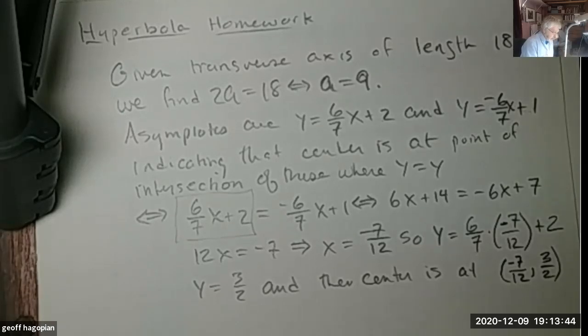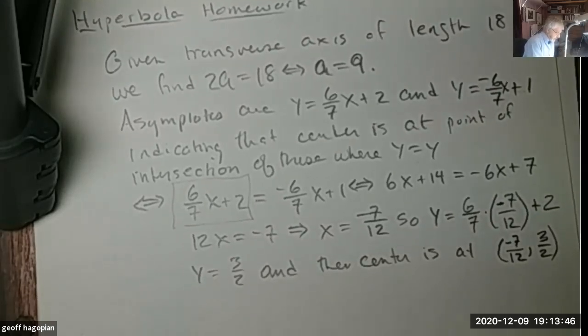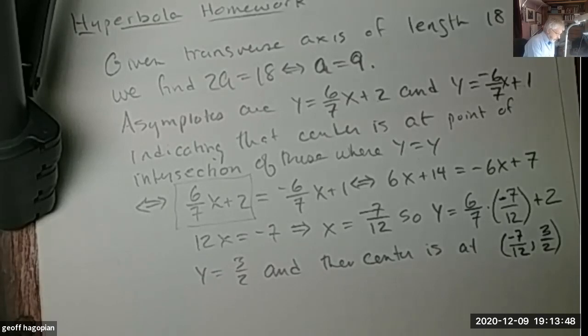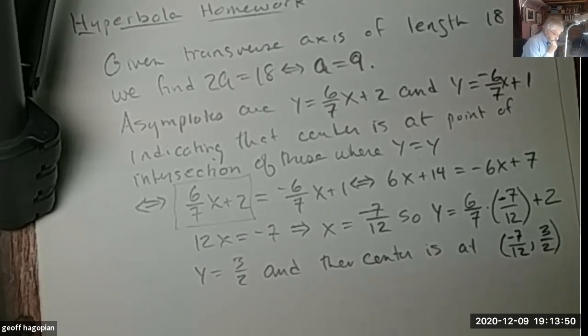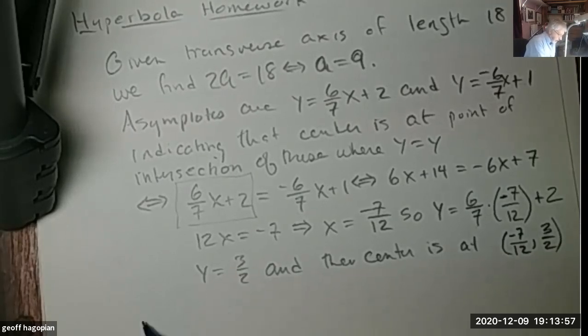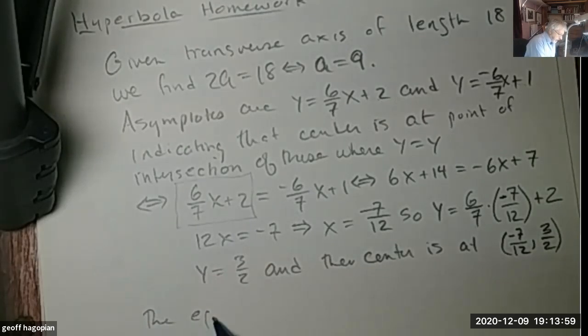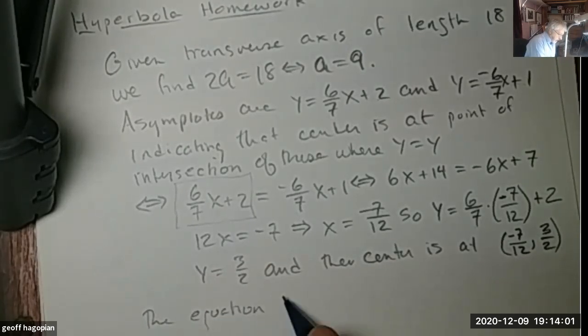Well, what could the equation be here, right? So the equation could be either, well, let's do this. What do we know so far? And they don't ask for the equation, but I'm curious. Will look like what?